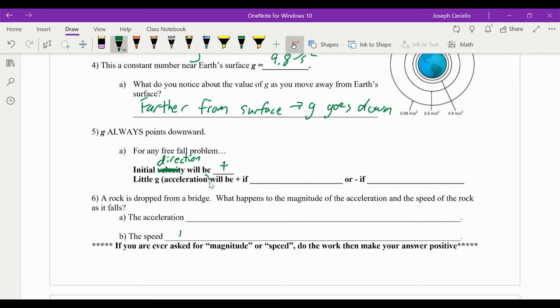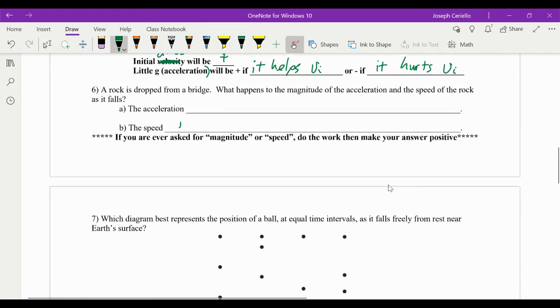Little g, which is the acceleration, will be positive if it helps the initial velocity, or negative if it hurts the initial. Now, a few people aren't really sure what I mean by helps or hurts. Basically, if it speeds up the initial velocity, it's going to be positive. If it slows down the initial velocity, it will be negative. We'll do some problems in a minute.